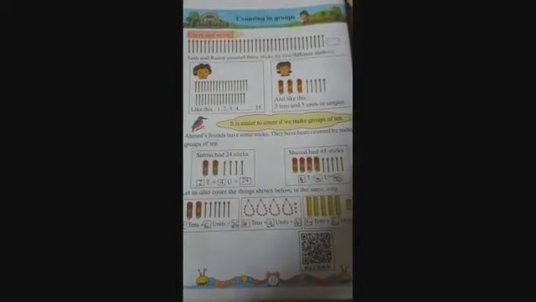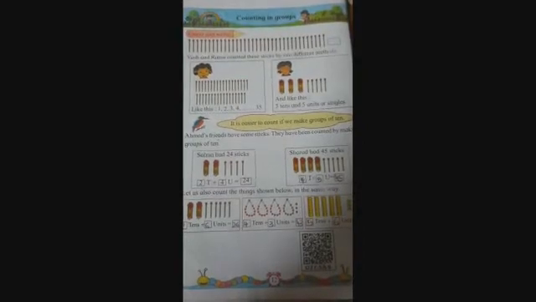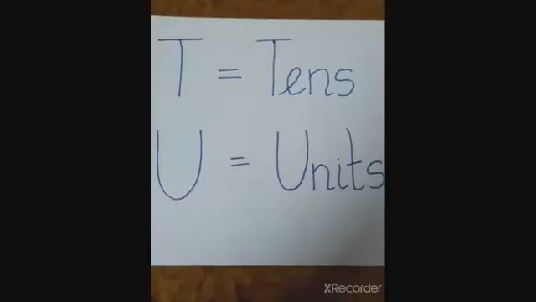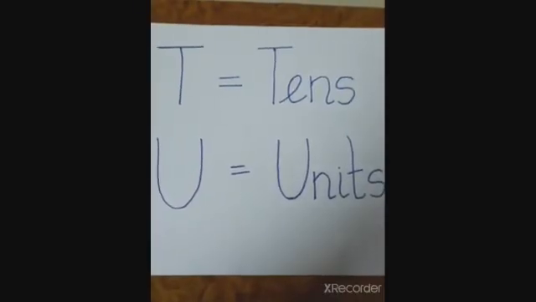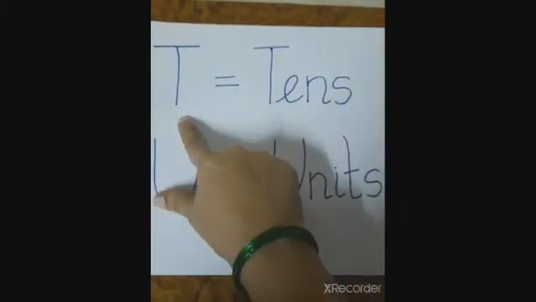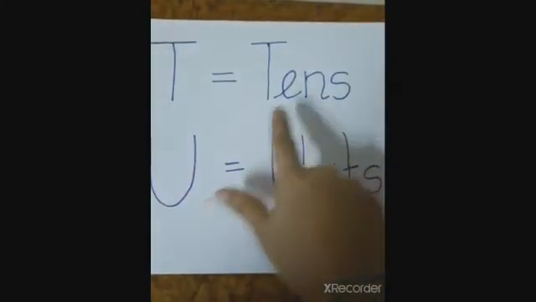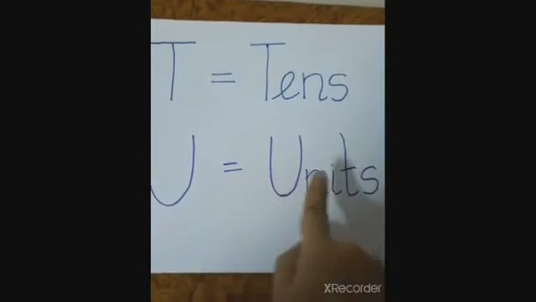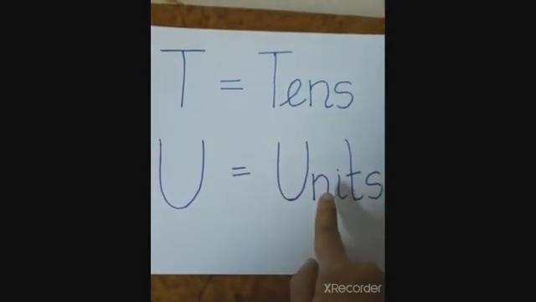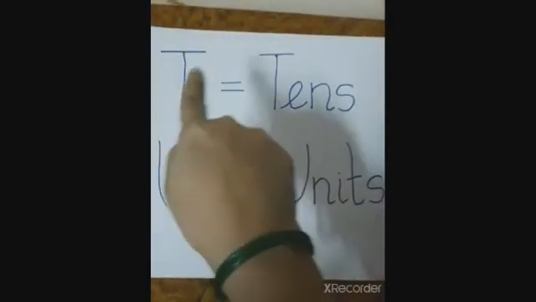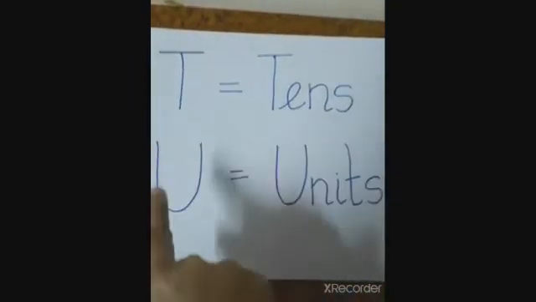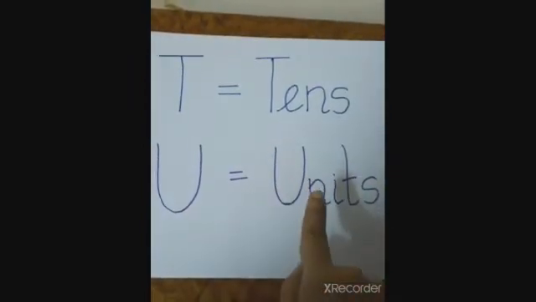Today we are going to learn about place value. I had also taught you that T is equal to tens and U is equal to units. I repeat, T is equal to tens, U is equal to units.